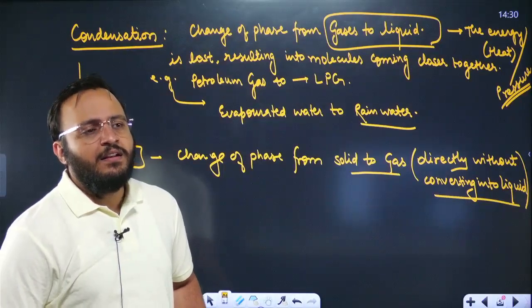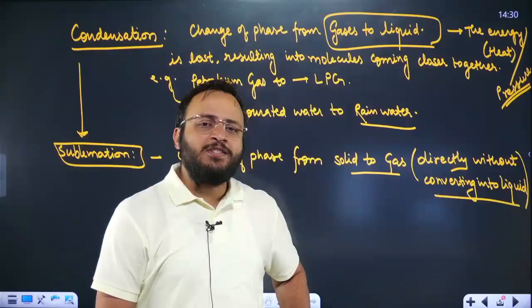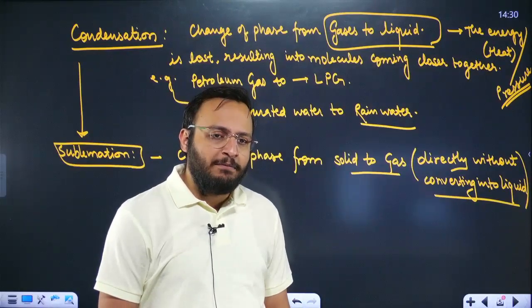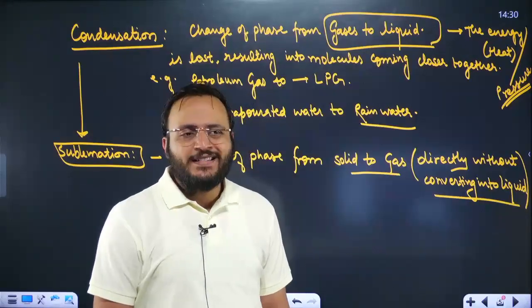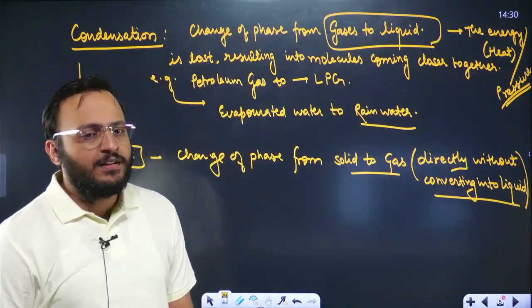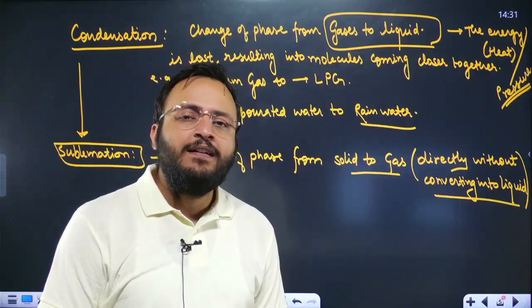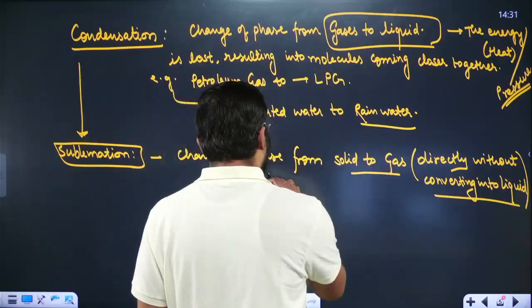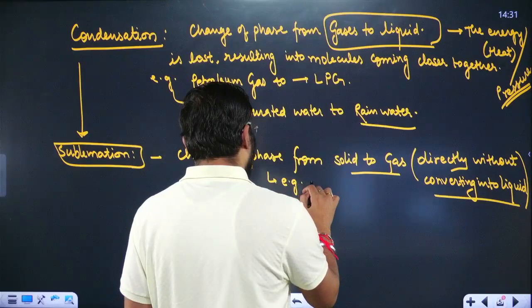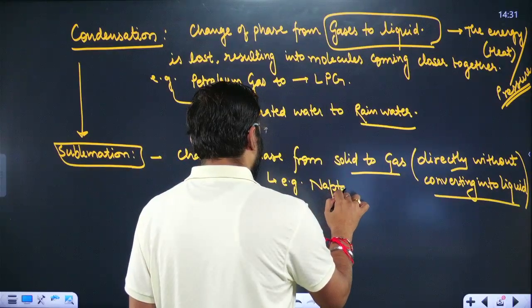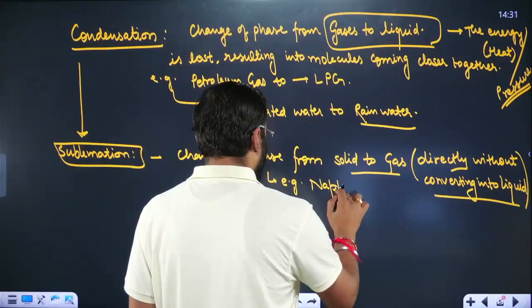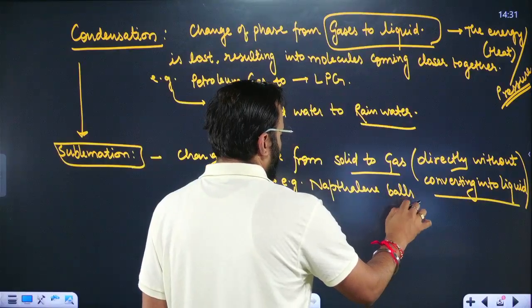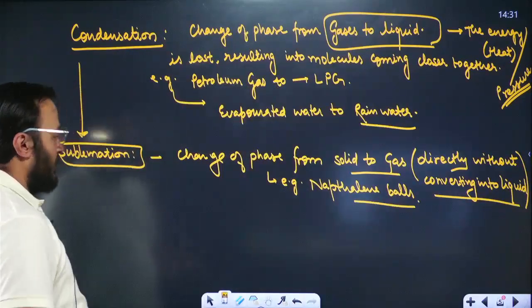So there are several examples of sublimation, but the best ones are basically those naphthalene balls or the camphor. Those things simply turn the solid into gases without even getting into the liquid state. Okay, so example, naphthalene balls.